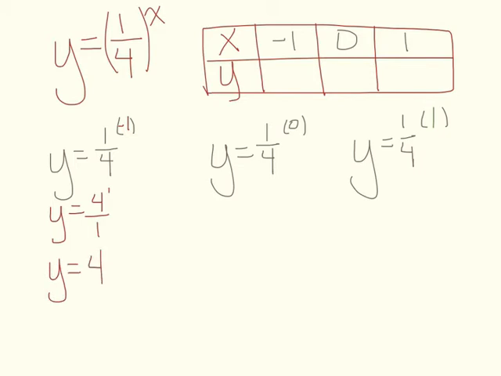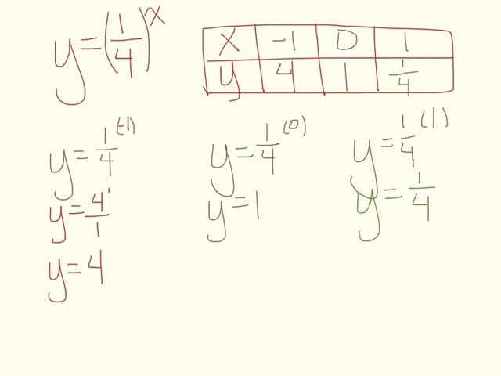So when x is -1, y is 4. Our next one here, we have 1/4 to 0. Remember, anything to the 0 power is 1. So when x is 0, y is 1. And our last one, we have 1/4 to the 1, which is just 1/4.